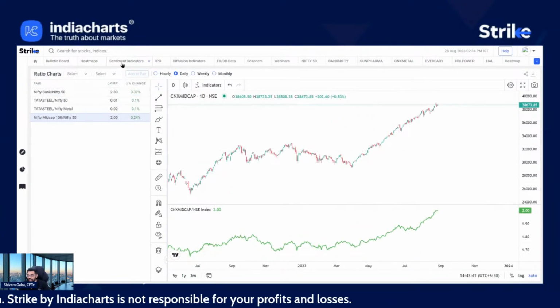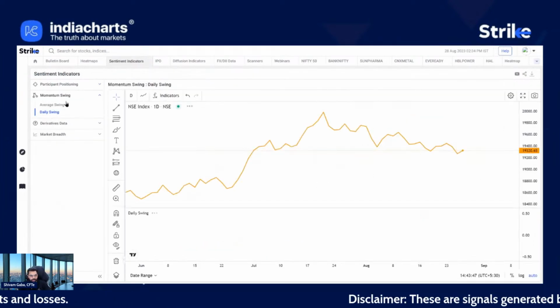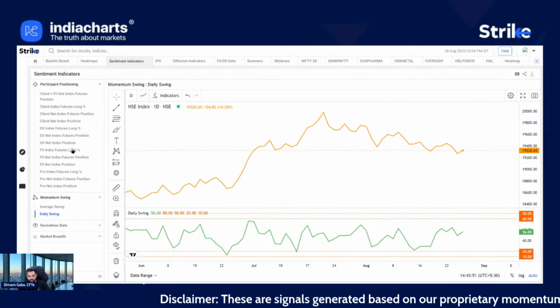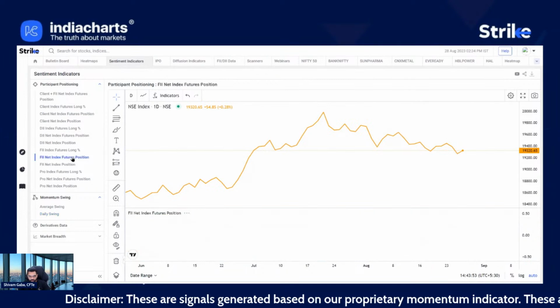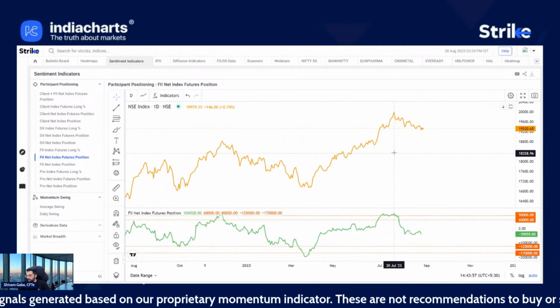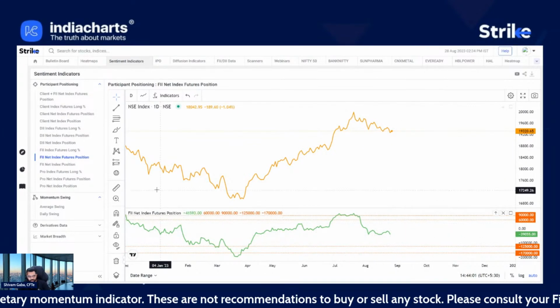Now, continuing with the market analysis for today. We have seen sentiment indicators, like the swing or the participant positioning, hinting at oversold conditions. So you can see FIIs are stuck at that minus 40,000 level, that is negative 40,000 contracts in index futures.